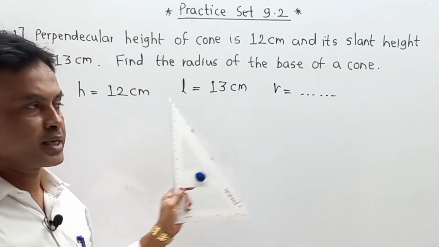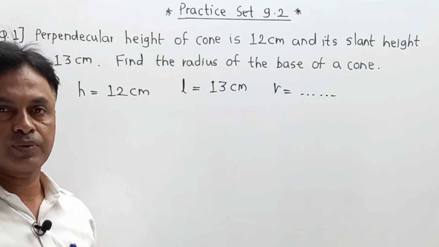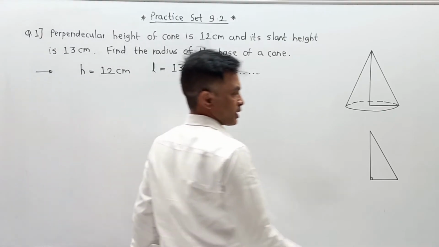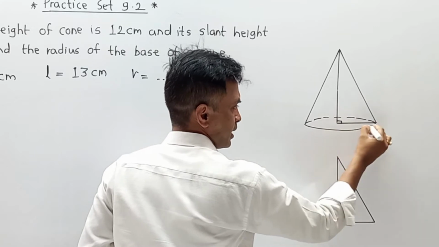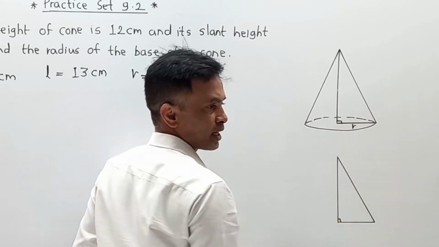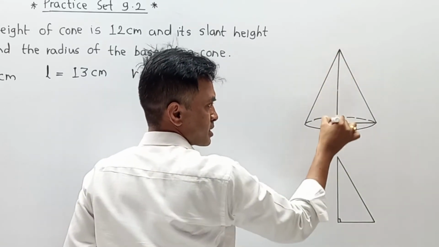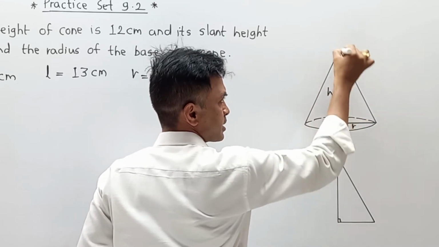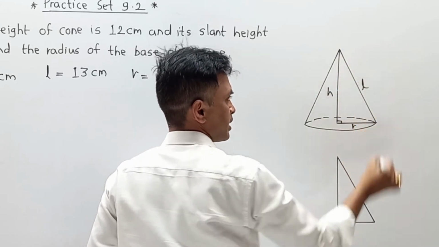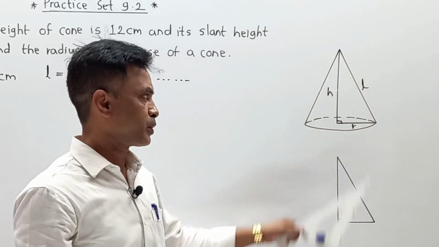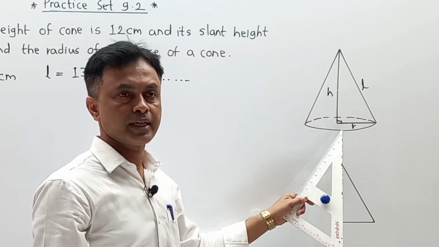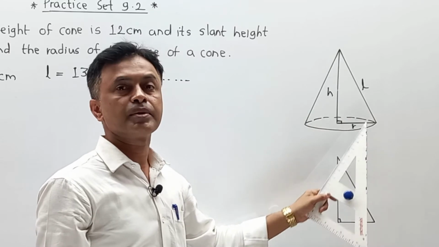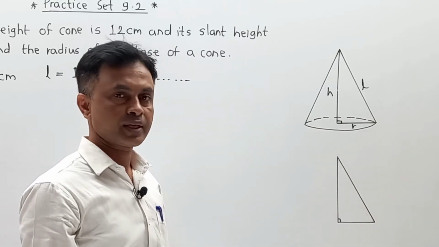Means we are supposed to find this radius. Now I am trying to explain the same question in terms of a diagram. In the given diagram, we know that it is indicating base radius, which we highlighted as r. This is vertical height h, and third, slant height L. And we very well know that the radius and vertical height make an angle of 90 degrees, and slant height is the hypotenuse of that diagram.